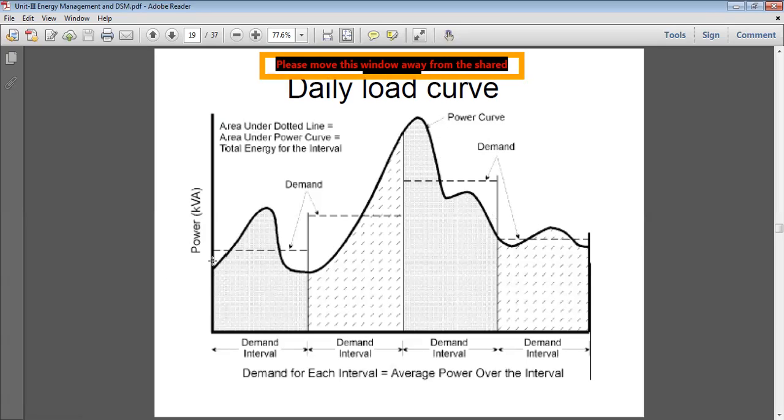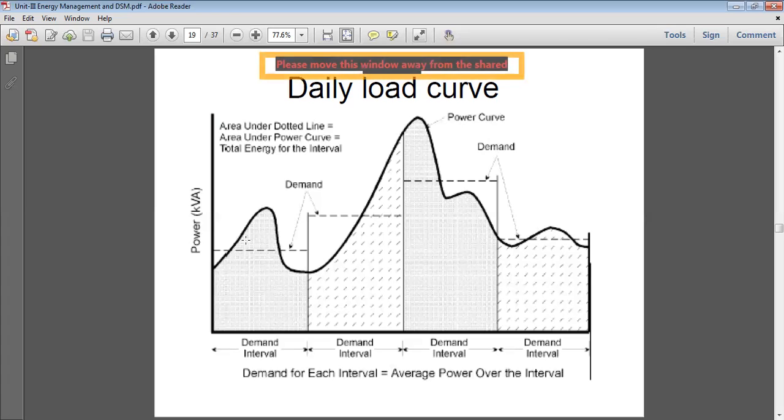Under such conditions your load curve becomes as flat as possible, and it indicates proper utilization of infrastructure. Under such conditions also, the unit rate or the relative generating cost will be smaller if your load curve is flattened.